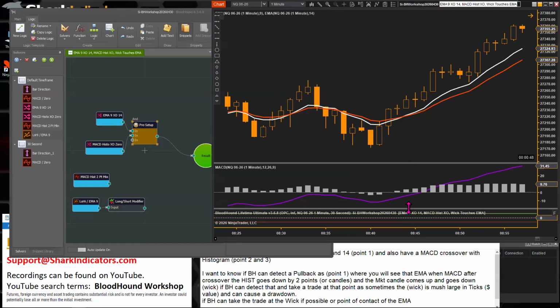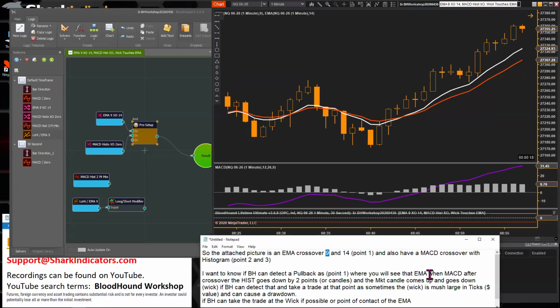And so what usually happens here is the MACD doesn't synchronize exactly with the other conditions there. All right, let's see here. So as I'm reading this, it says the MACD after the crossover there.